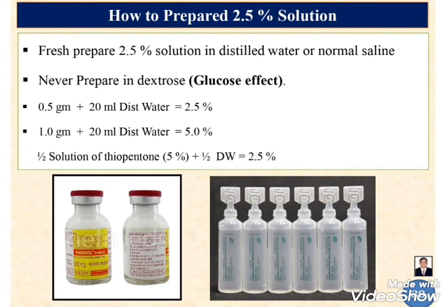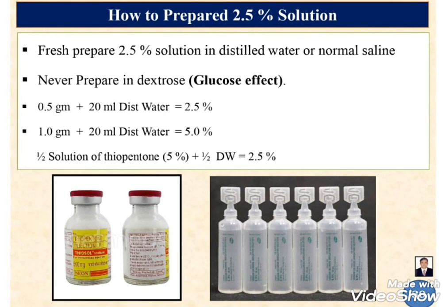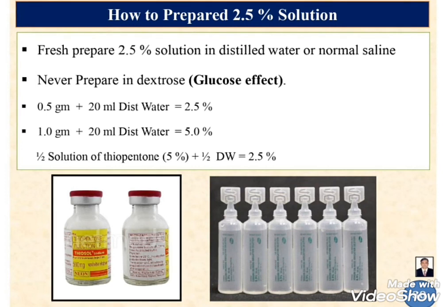So very easy. First make the 5% solution, and when you use it, load half the solution and add the same quantity of distilled water, so it automatically makes 2.5%. So this is the preparation of 2.5% from the 0.5 gram and 1 gram vials.